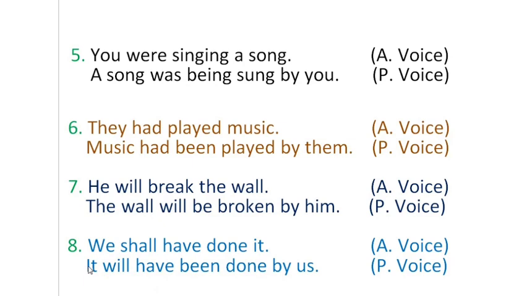It OV and will is used here as it is a third person singular number. Will is used with it, not shall. Shall is used with first person plural number, so it's better will is used with it. So it OV will modal have been TFV. Third form of the verb done. Do is the first form of the verb and done TFV by us by phrase.